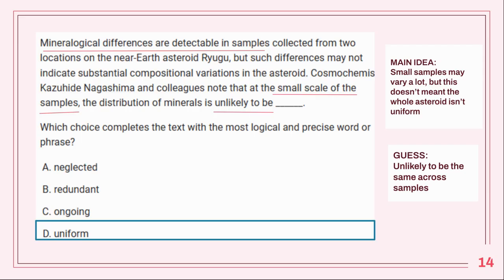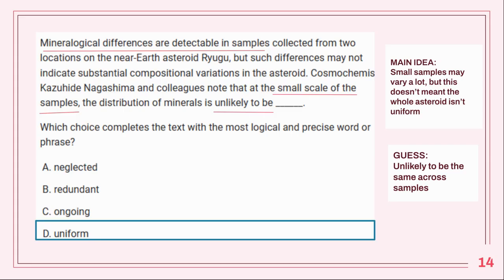Maybe neglectful is a very negative word, so I don't know if it fits the tone of this text, but I think it is more likely to be neglected than not, because we're saying that the little differences don't really matter.